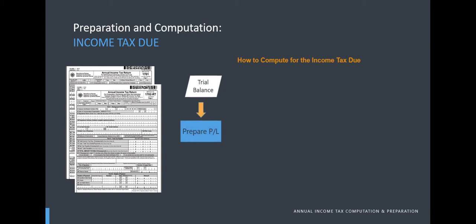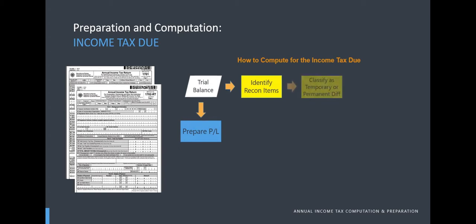When we have the trial balance, we can prepare the profit and loss statement, which will be used in the preparation of the financial statements. In the trial balance, there are certain reconciling items that we need to identify.